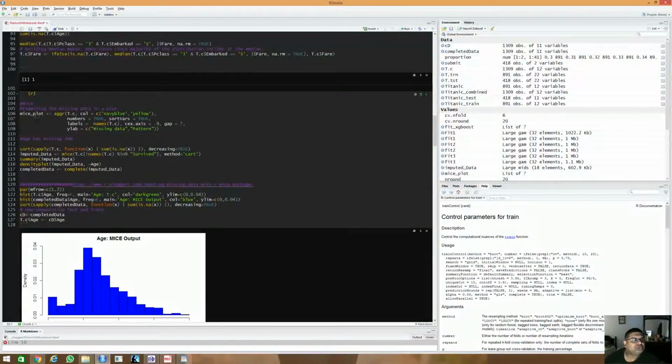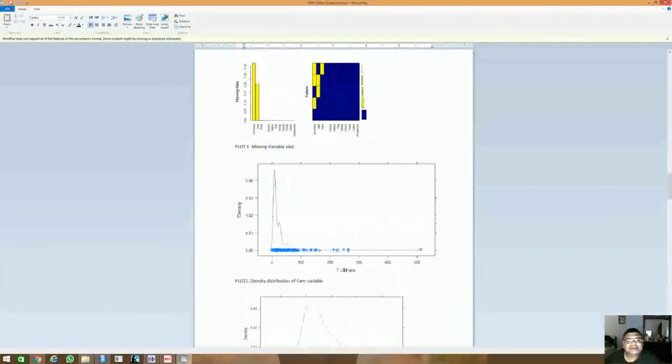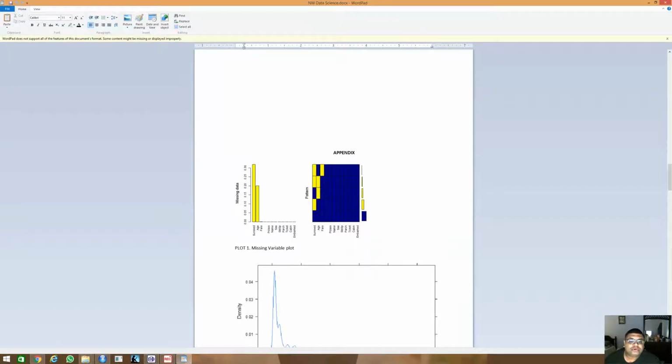I went on to plot a mice plot for whatever we're missing, and I see that age and fare, of course, are missing, 20% of age in this case, and Survived is missing because of the combined test data as well.